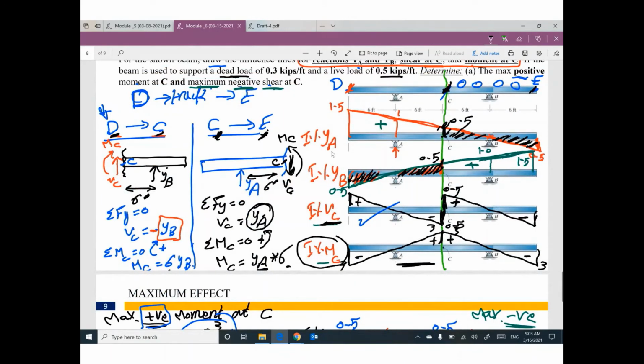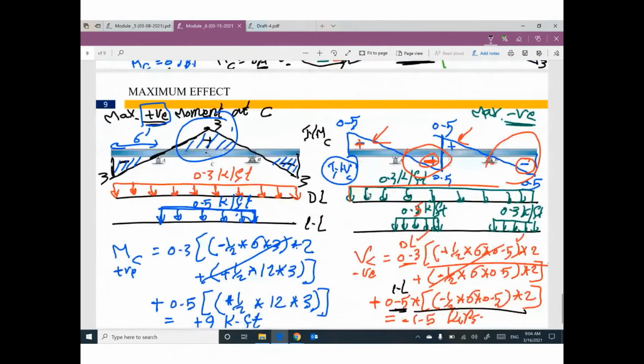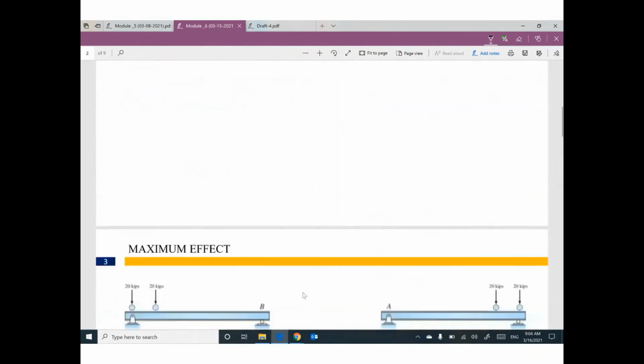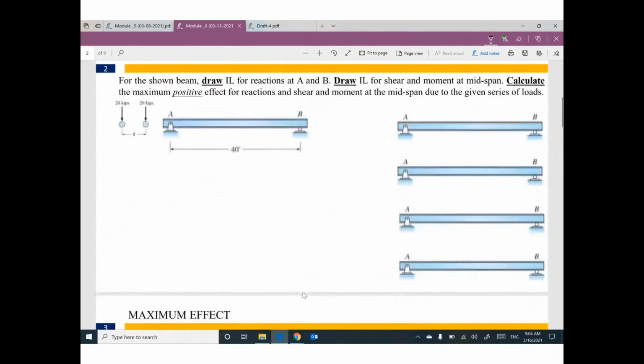Based on these reactions, I can derive shear V at C and the moment at C. Based on these influence line diagrams, I can set up where to put dead load and live load, and then I can do my calculation. Okay? Next meeting, I will go through the first example in this week's module.